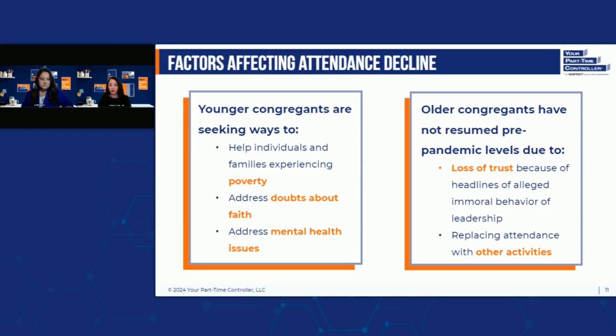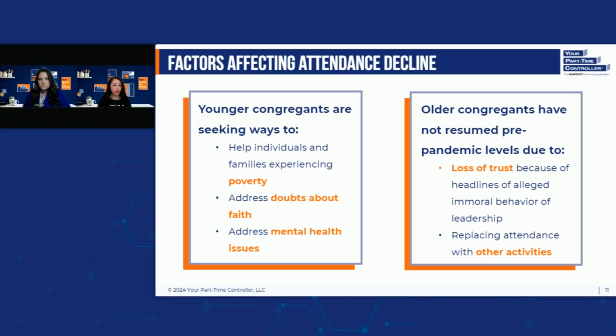So the other thing we wanted to talk through is what could be some factors affecting the attendance decline that we're seeing for some of these faith-based organizations. And what we are seeing here is that, again, it tends to depend. By and large, for self-reported information, there tends to be a difference between the perspectives of the younger congregants and the perspective of the older congregants.